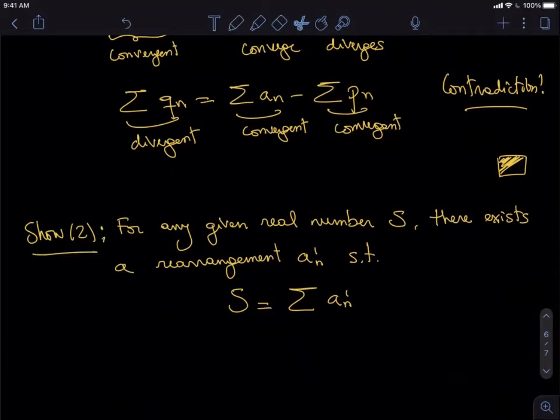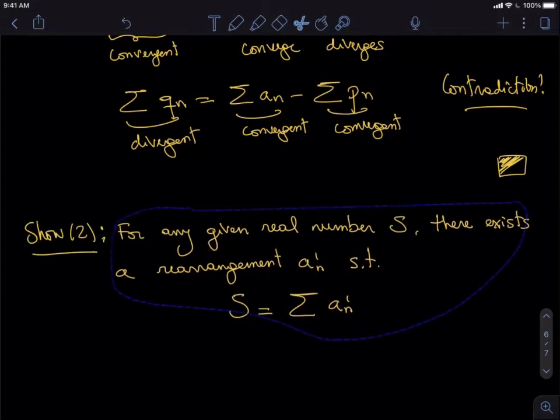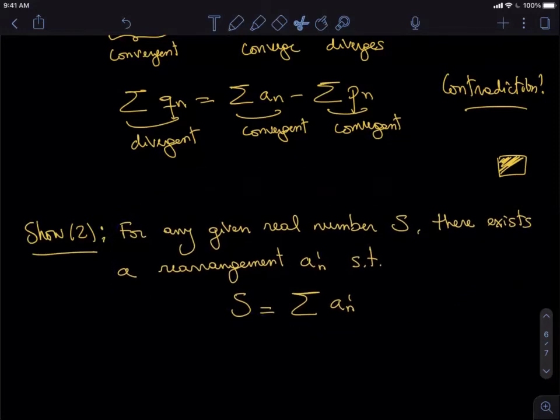For any given real number S, there exists a rearrangement An prime such that S equals the sum of that rearrangement. At first, this may look like magic because you could be like, okay, really any number? And yes, any number. And the very important point that Riemann realized is that we have the two divergent series to play with.